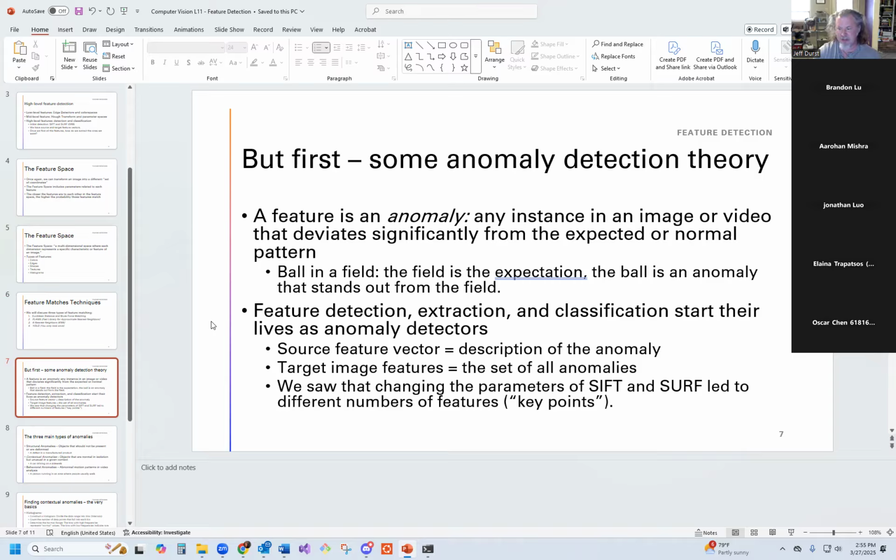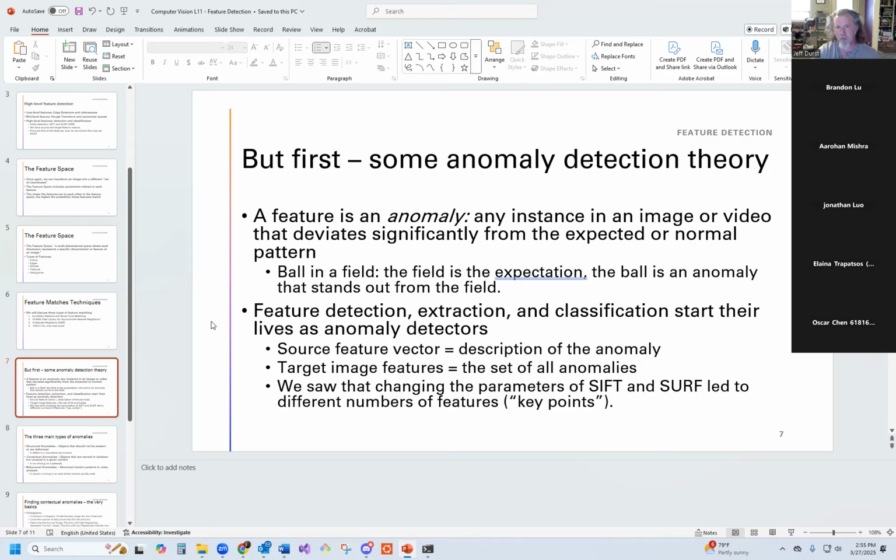It's something that clearly does not belong where it is or is very different from everything around it. And in computer vision, when we talk about an anomaly, it's essentially something in the image that deviates by a statistically significant amount from what you would expect to find in the image, the expected norm.